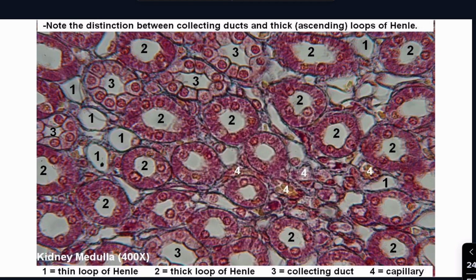But for example, the collecting ducts, number 3 over here, have very clear lateral borders. These are the lateral borders separating cell from cell. These are a lot more distinct in 3 than they are in, for example, 2, or obviously in 1, but those are your thin loops of Henle. Okay, so just so you guys know what you're looking at.